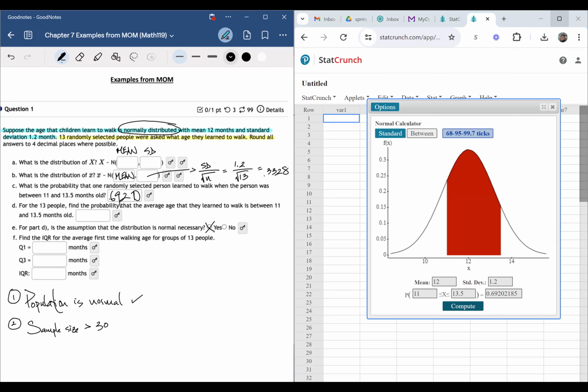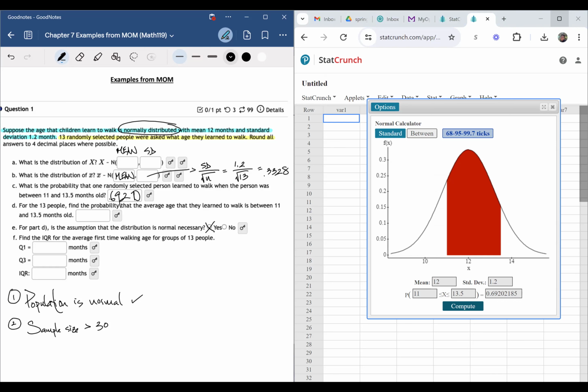Okay. Now, because the central limit theorem applies, look at this question in D. For the 13 people, the ones that we randomly selected, we find the probability that the average age that they learn to walk is between 11 and 13.5 months. So remember, we have the same mean and we're going to have a bell curve, but a much skinnier bell curve.